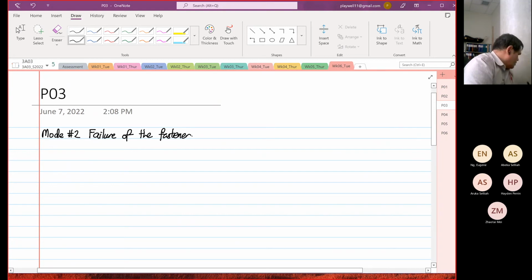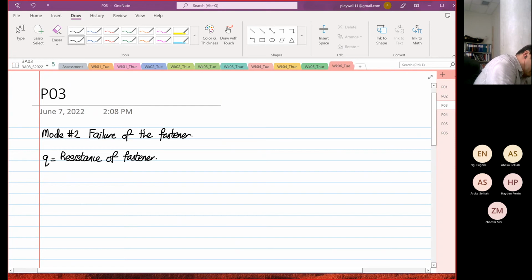Okay. So we know that the formula that we're going to apply is Q is equal to resistance of the fastener divided by spacing.